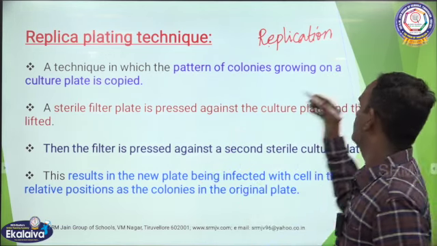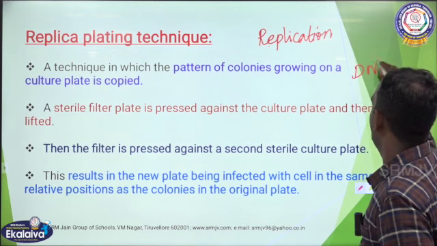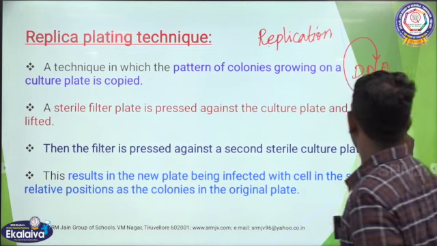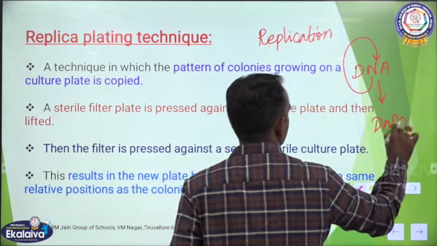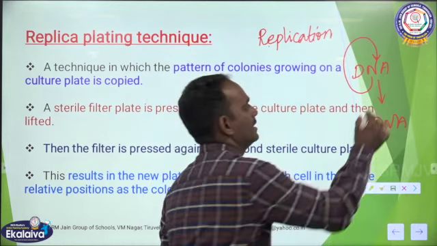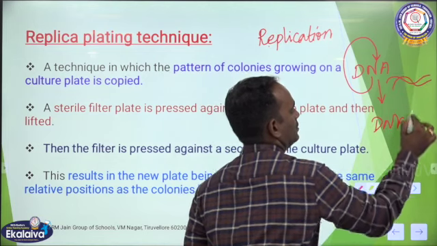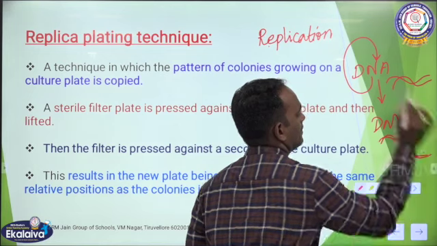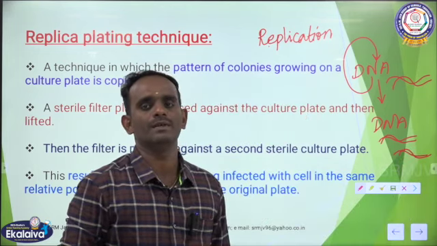So, replication is nothing but DNA replicating itself to form DNA, right? A double stranded DNA is converted into another double stranded DNA, the daughter DNA, an exact carbon copy.